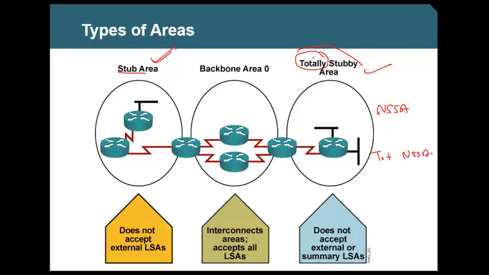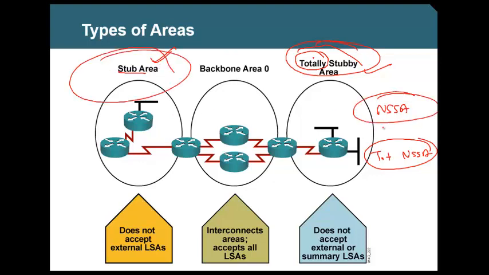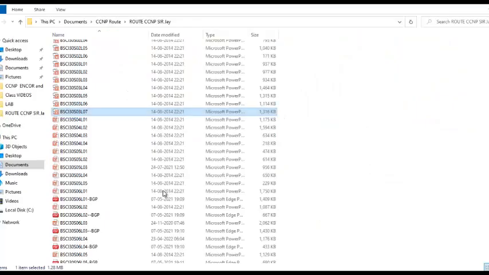This one and this one are Cisco only. Only on a Cisco router can you see these. So a Cisco router has 4 special areas. The other vendors will have only stub and NSSA. Now, stub and totally stub, and the other 2 we'll see in the next class.